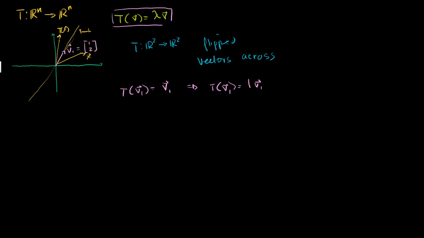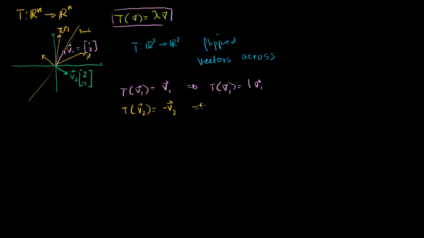Now in that same problem, we had the other vector that we also looked at. Let's say it was the vector v2, which is 2, minus 1. And then if you take the transformation of it, since it was orthogonal to the line, it just got flipped over like that. And that was a pretty interesting vector for us as well, because the transformation of v2 in this situation is equal to minus v2.